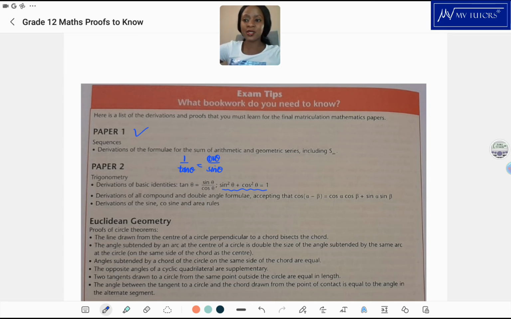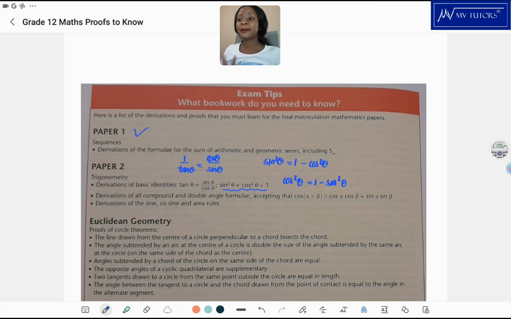With the second one as well, you could then say that sine squared theta is equal to 1 minus cos squared theta, as well as cos squared theta can be equal to 1 minus sine squared theta. So you can rewrite it in those ways.